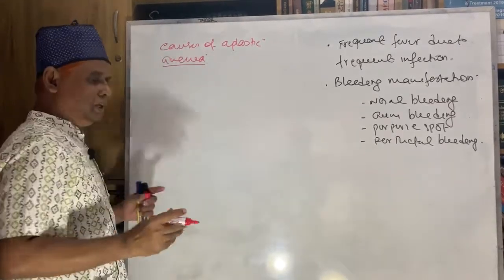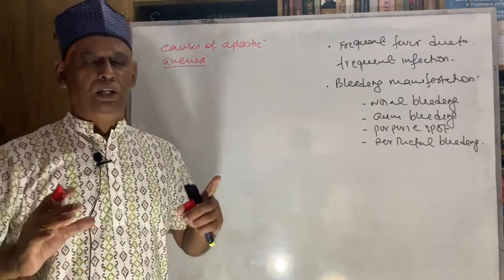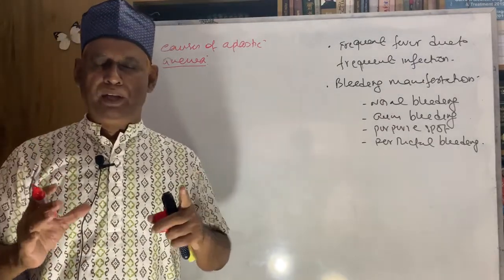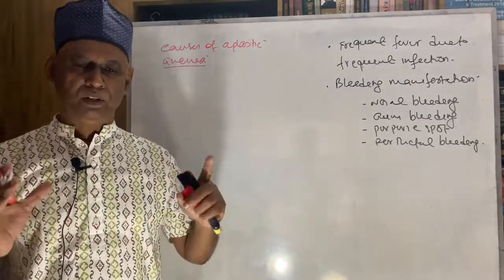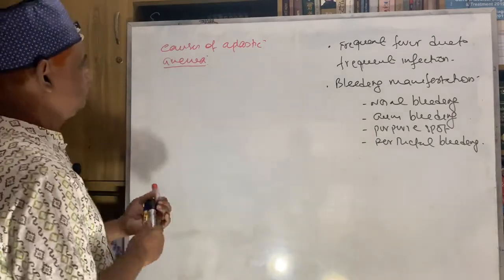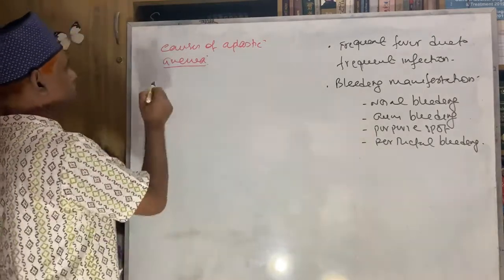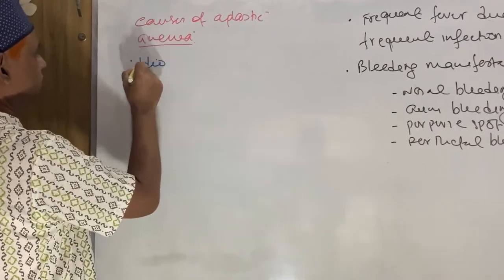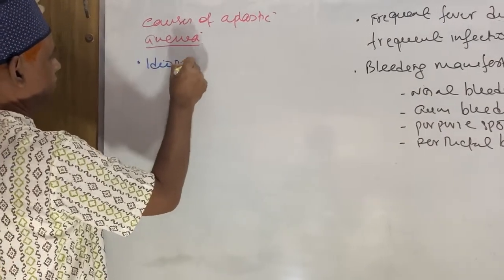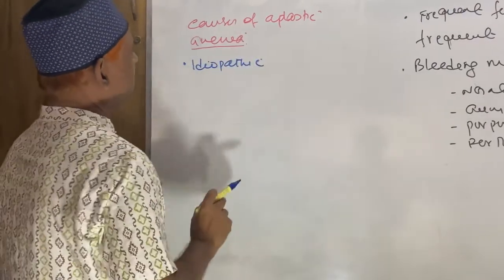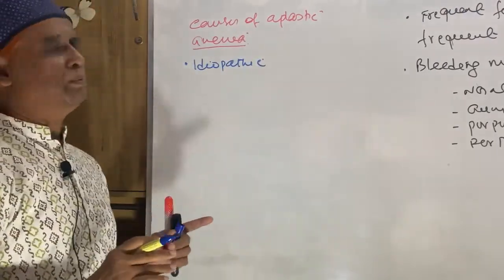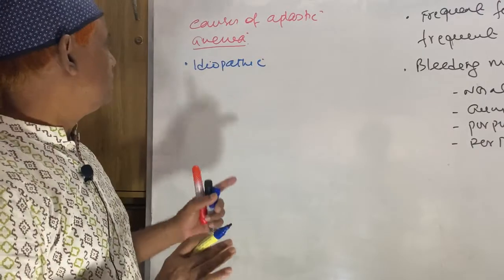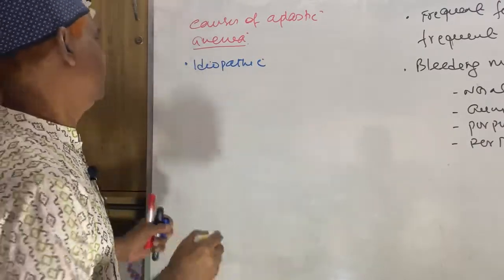Again, we recall, in aplastic anemia, the hemopoietic element of bone marrow is reduced. The cause may be idiopathic. In most cases, the cause of aplastic anemia is not known, so it is idiopathic aplastic anemia.